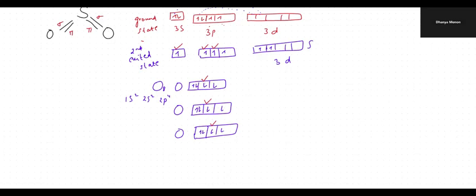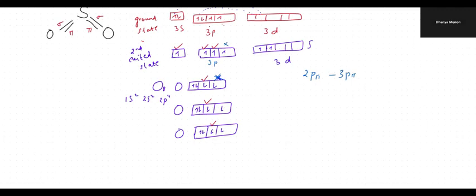There are 3 pi bonds, right? So the pi bond can be formed between 2p, I'll change the color, 2p orbital of oxygen, 2p pi, with 3p orbital of sulfur.